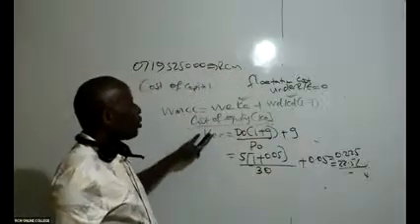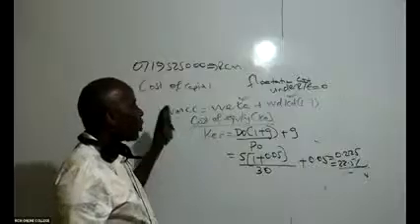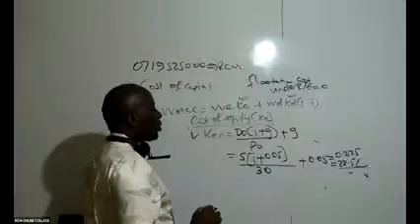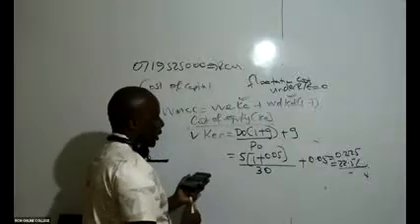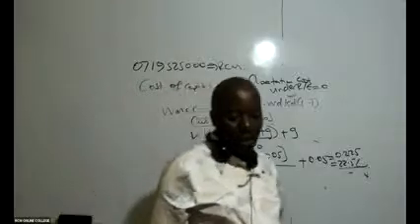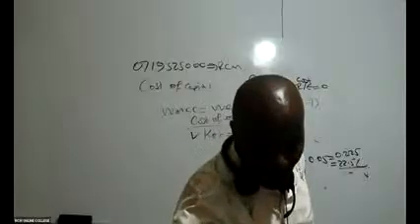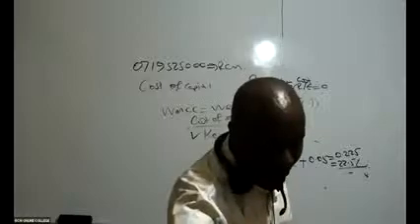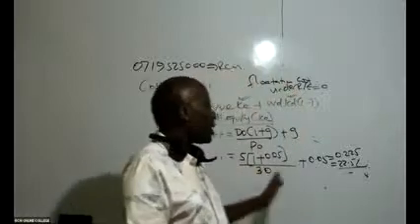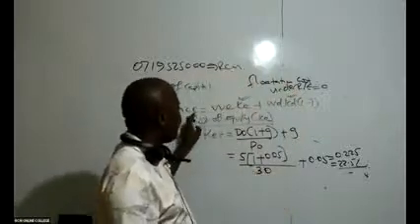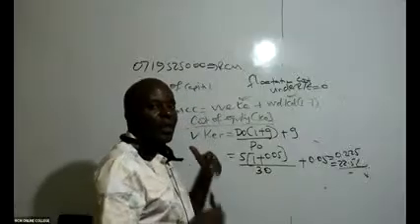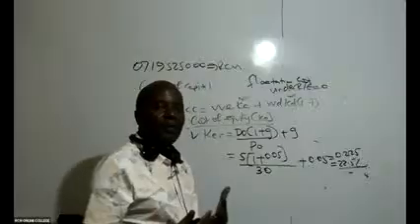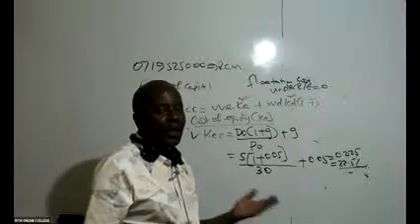I will have to get the cost of equity, retained earnings, very, very important. And then I must get the cost of equity, ordinary shares. Remember, I'm doing this simply because I'm getting WMCC. Otherwise, if it was WACC, I would not have computed the cost of equity for retained earnings.